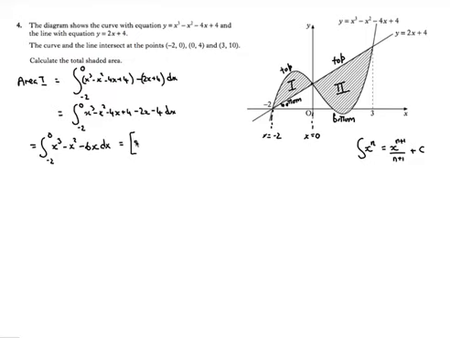So x cubed becomes x to the 4 over 4, minus x squared becomes x cubed over 3, and the minus 6 just sits there while the x to the 1 becomes x squared over 2. Close your square brackets, retaining the minus 2 and the 0 at the end of the bracket. This means that we are going to plug in 0 and minus 2 into this resulting expression.